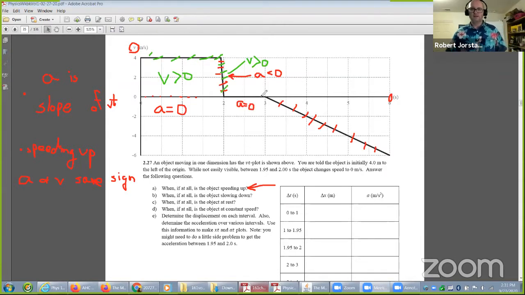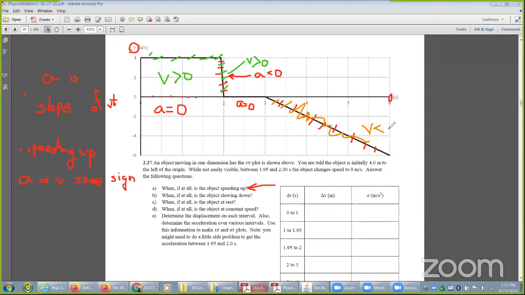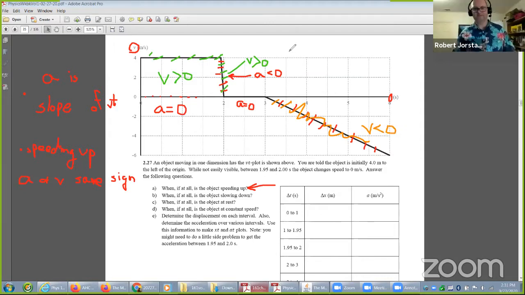Okay, now the next part: how about over here? In this region, is the velocity positive or negative? Negative. What about the acceleration? Negative. So is it speeding up?